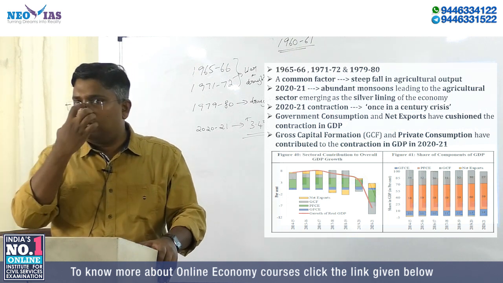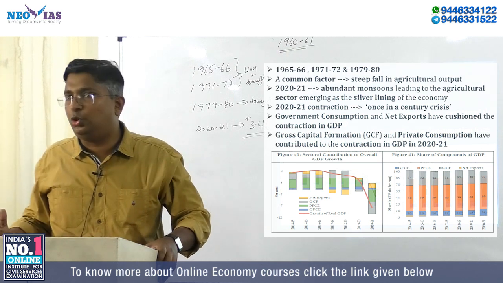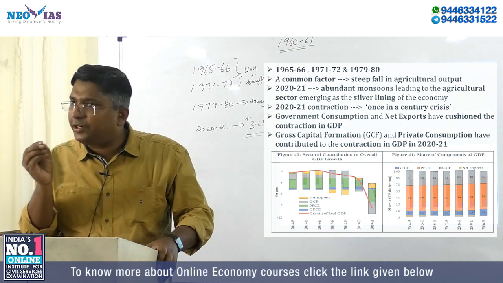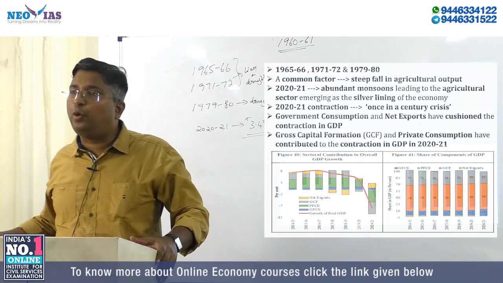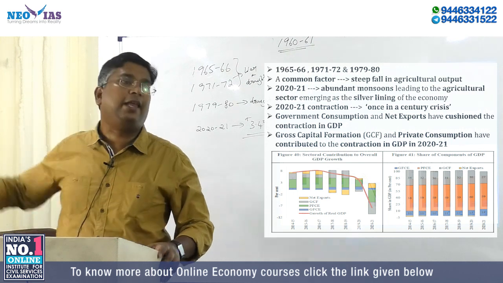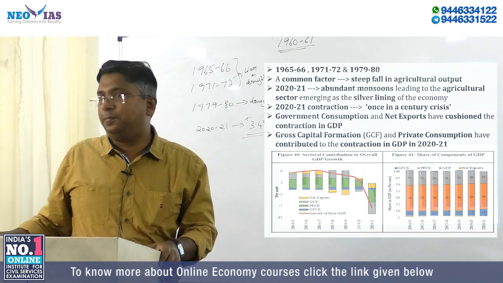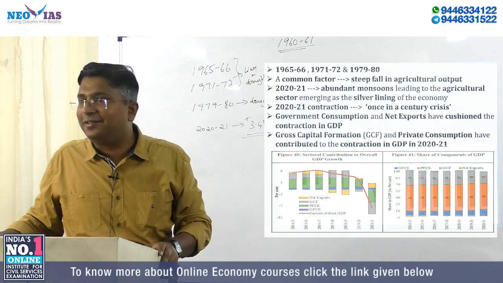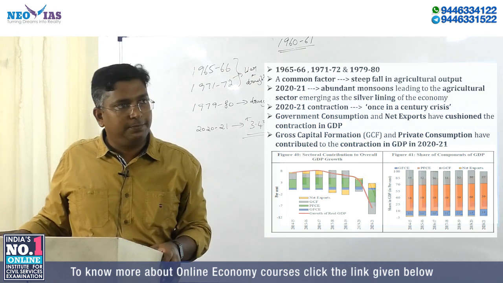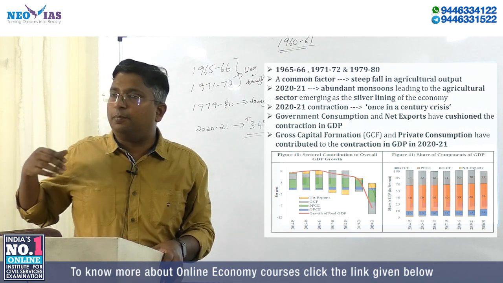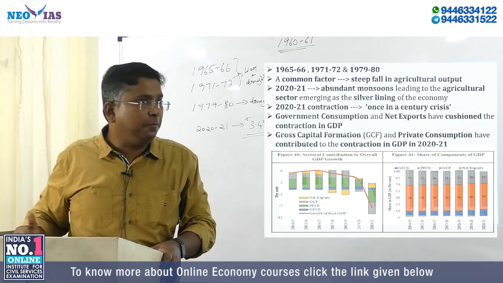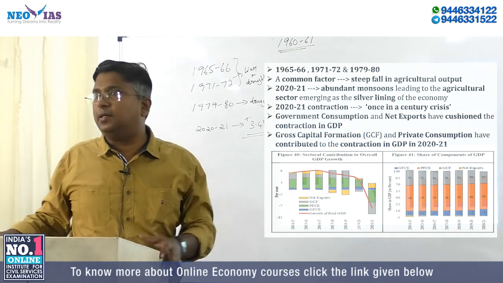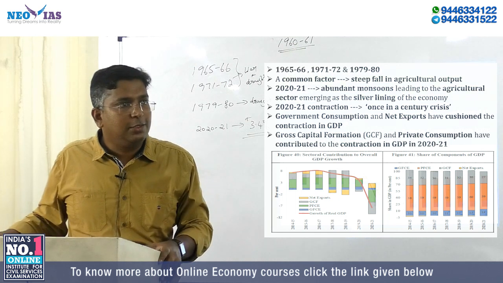So since the demand decreased due to lockdown, import reduced. Export also reduced, but the fall in import was higher than the fall in exports. Net export is the difference between export minus import. Right? So net export helped. When the household was not having money to spend, and business people were not making any expenditure because there was uncertainty, who was left?